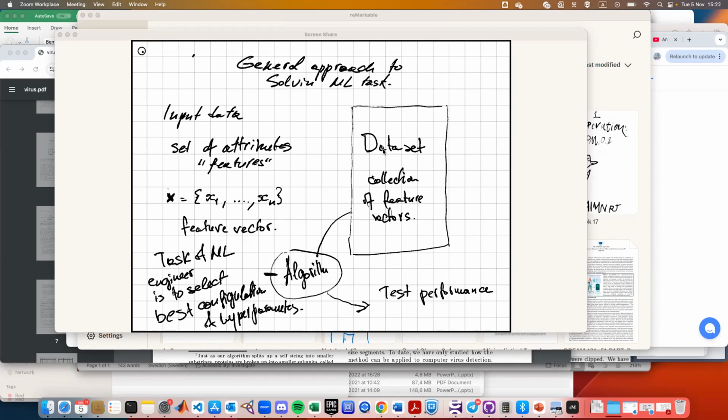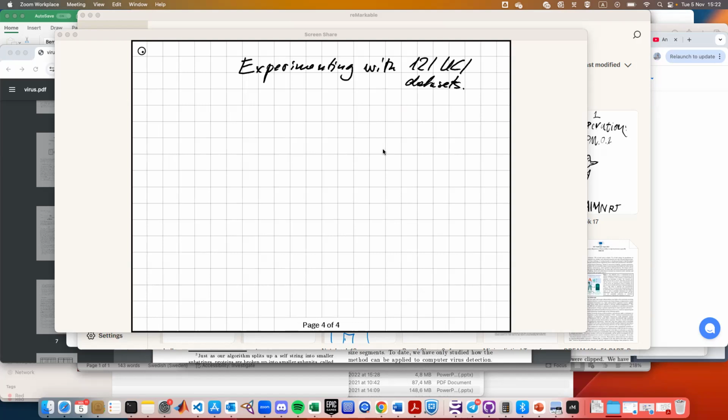And here we enter into the common approach for doing this task, which actually includes two stages or two phases.